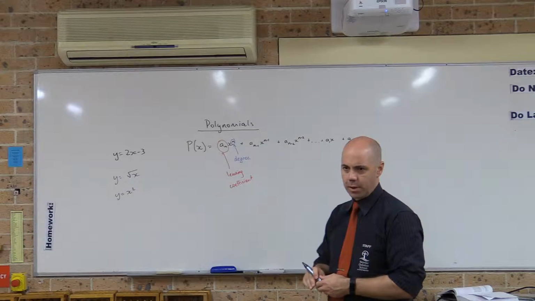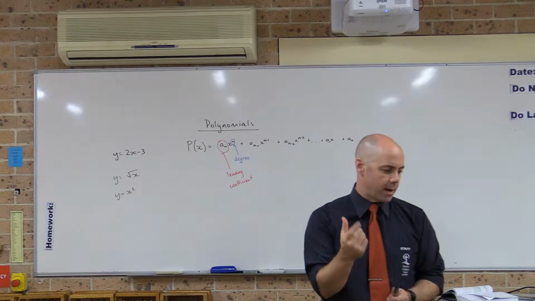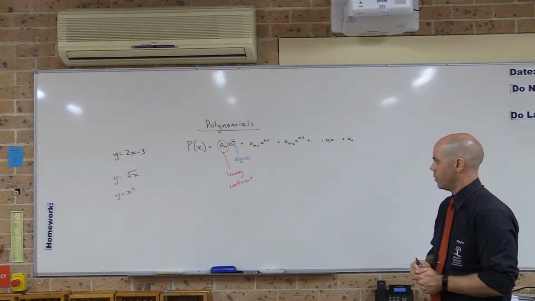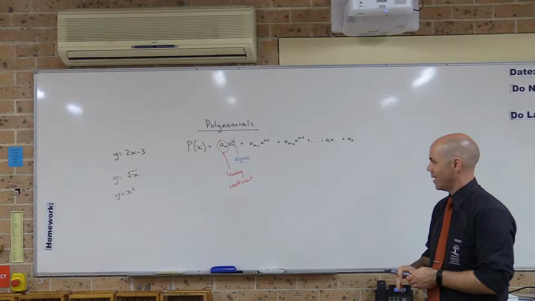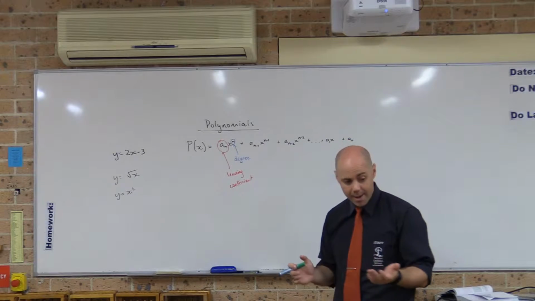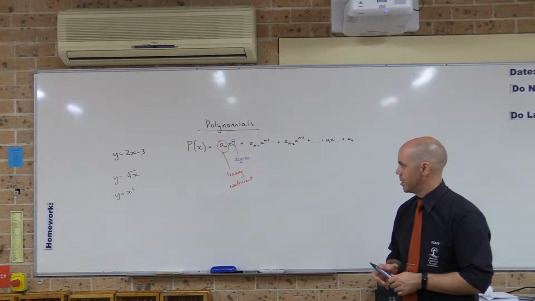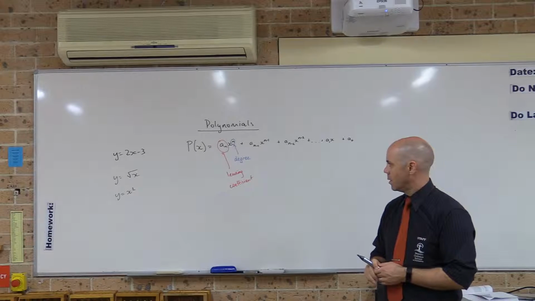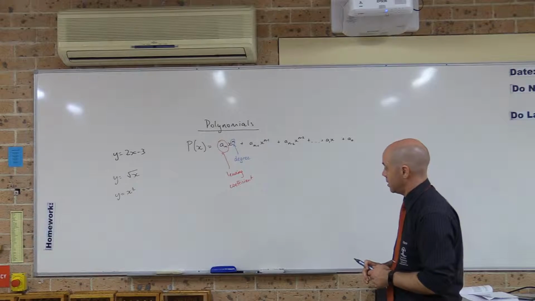Remember the coefficient? What that means is the number part in front of a pronumeral. Sometimes it's a number part that's actually not written as a number. It could be like pi, which is a number, but we just represent it with another kind of symbol. But it's whatever the number part is.